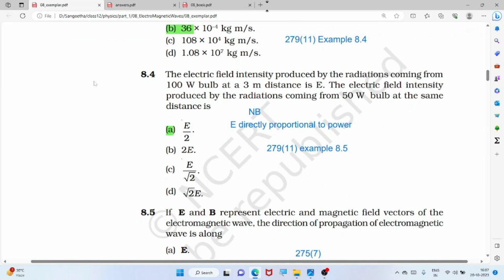The electric field intensity produced by the radiation from a 100-watt bulb at a 3-meter distance is E. So the electric field intensity of the radiation from the bulb is changed when the power is changed at the same distance. E is directly proportional to the power.